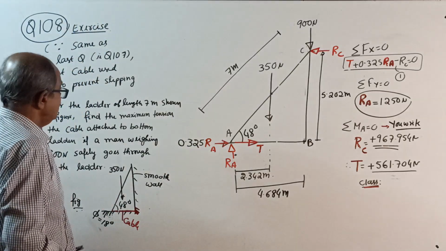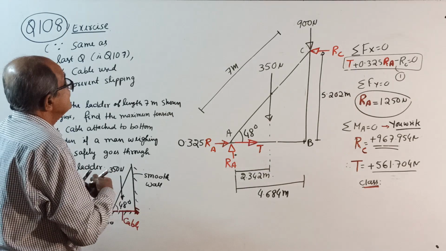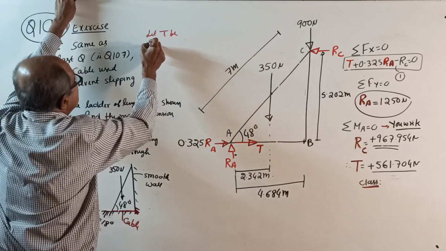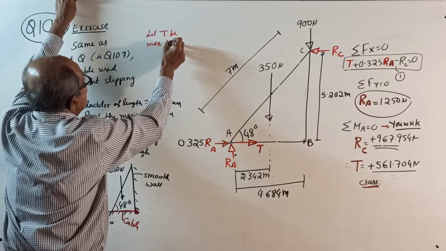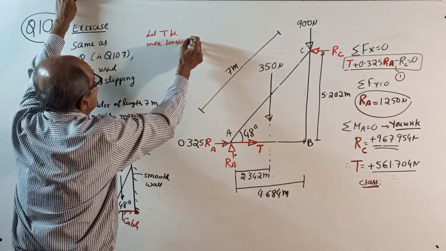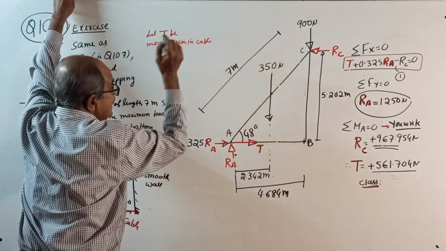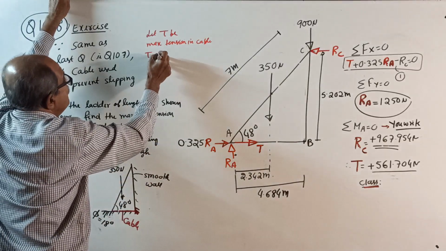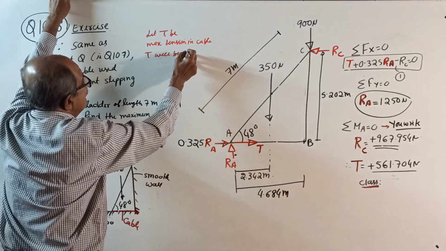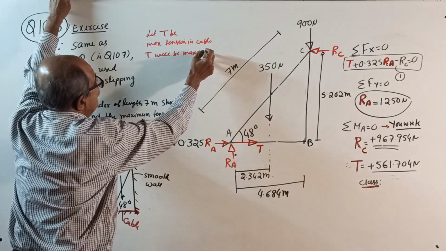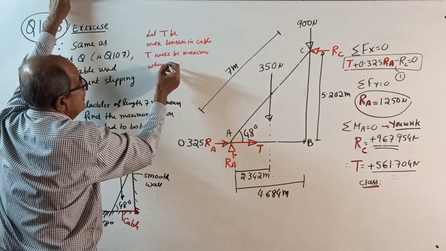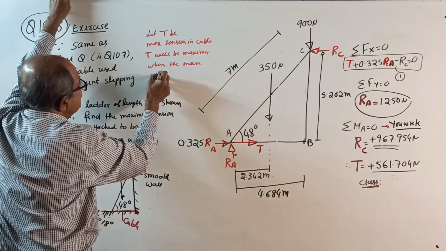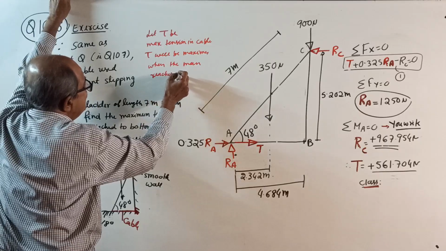Now, you write here: let T be the maximum tension. Maximum tension in the cable. They want maximum tension. T will be maximum when the man ascending the ladder reaches the critical position.